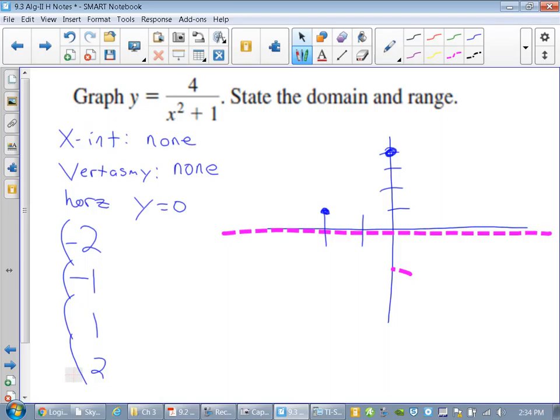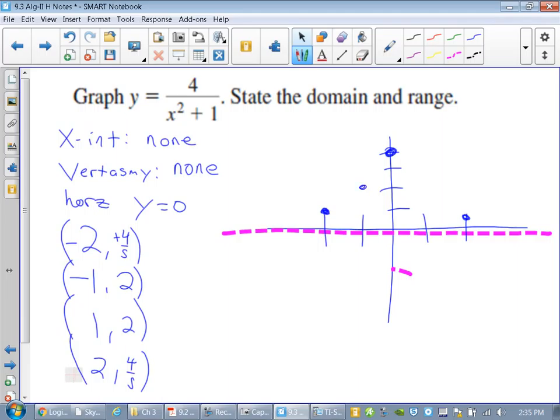If x is positive 2, what would it be? 4/5. If x is negative 1, what's negative 1 squared? What's 1 plus 1? What's 4 divided by 2? 2. So at negative 1, it's 2, which means at positive 1, it just so happens to be there. It's nice when you have them symmetric.